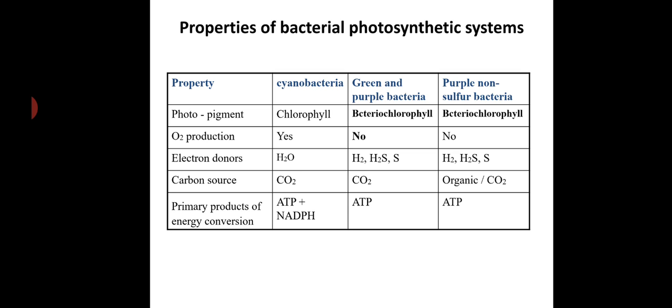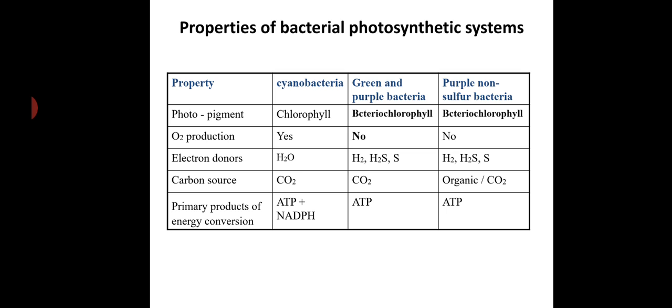In purple non-sulfur bacteria, that is also bacterial chlorophyll. The second property is oxygen production. Cyanobacteria produce oxygen. Green and purple bacteria and purple non-sulfur bacteria do not produce oxygen.